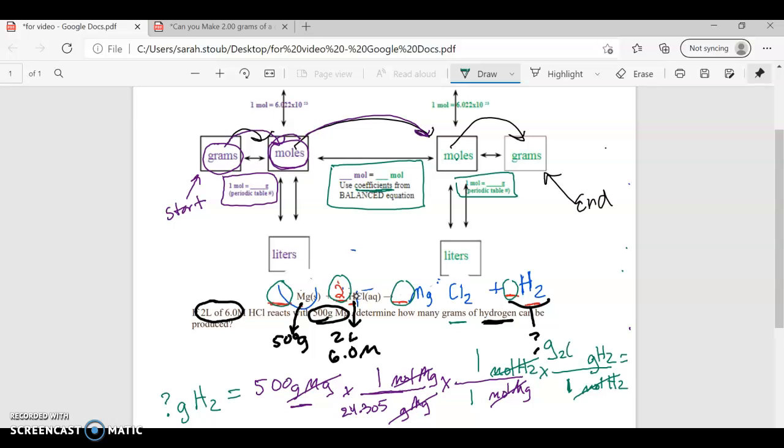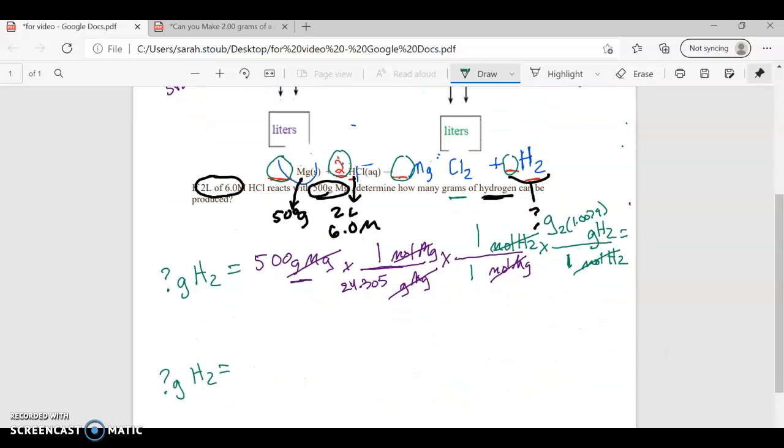And so I'm going to do 2 times the 1.0079 to add those together. 2 hydrogens. And at this point, I just got to push buttons in my calculator. My calculator said 41.55. Or looking at proper sig figs, it'd be about 40. I'll just keep it at 41.55 here. That's how many grams of hydrogen I can make from my 500 grams of magnesium.